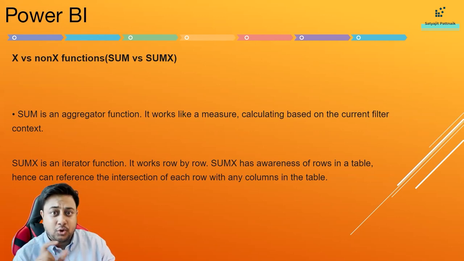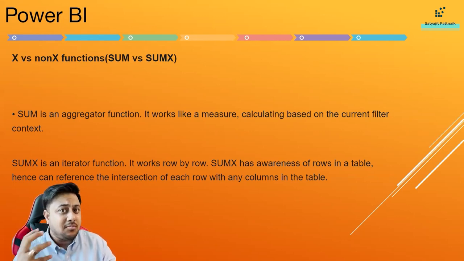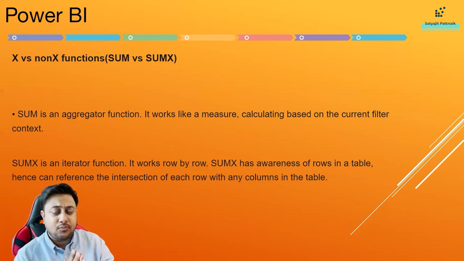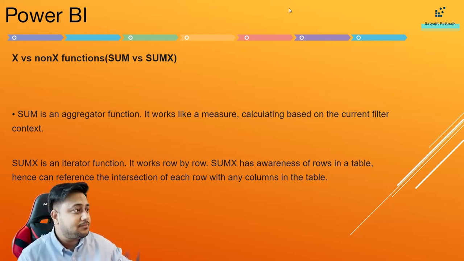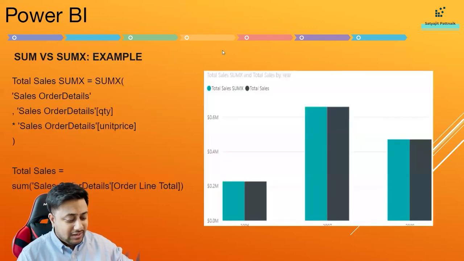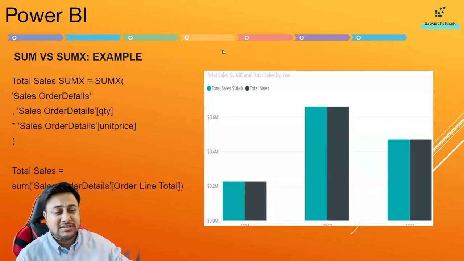It works row by row. So it is again a measure, but it works row by row and iteratively it calculates. We'll talk about that from the practical point of view. Now SumX has awareness of rows in a table, hence can reference the intersection of each row with any columns in the table. So we'll get started with the sum and SumX example.